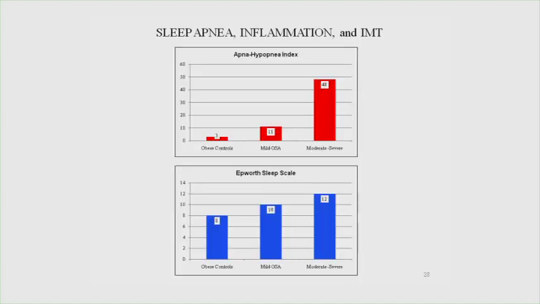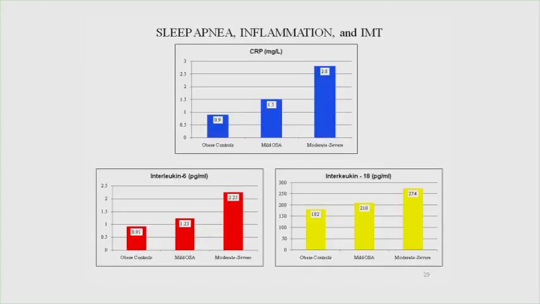And what you find, this apnea-hypopnea index in the obese controls, it wasn't normal, but it was low. It was 3. Mild sleep apnea, it's 11. Moderate to severe, it's 48. And the more severe your sleep apnea, the more frequently you stop breathing at night, the more sleepy you're going to be during the day. That makes sense. The greater will be your CRP.